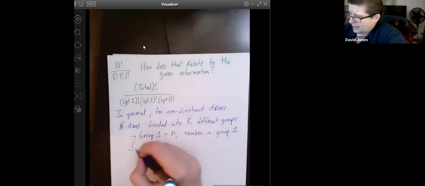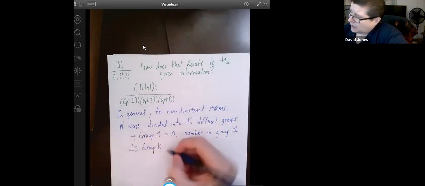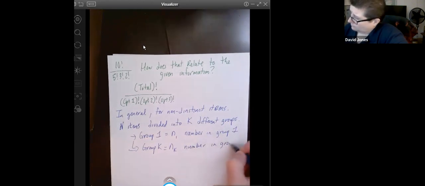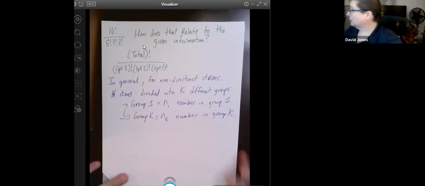And we go all the way down to group K, where Nk is the number in group K. So group 2 would be N2, group 3 would be N3, group 4 would be N4.